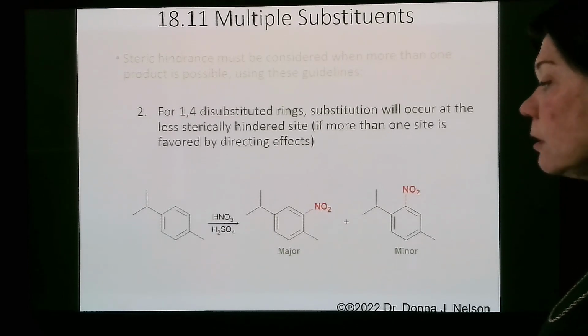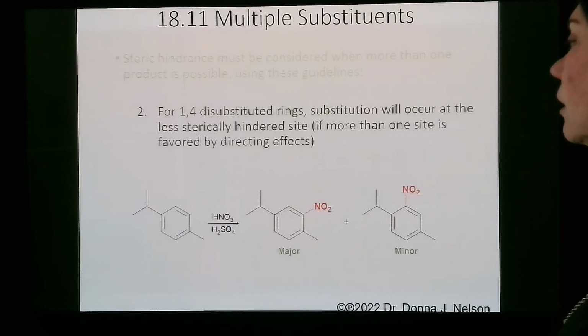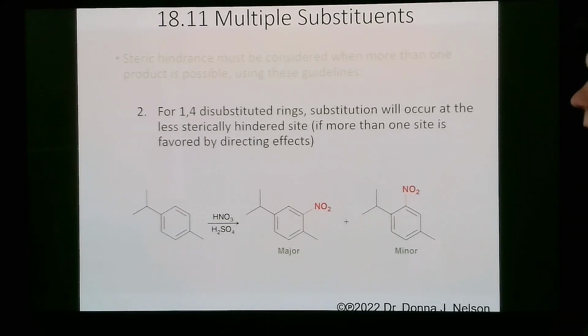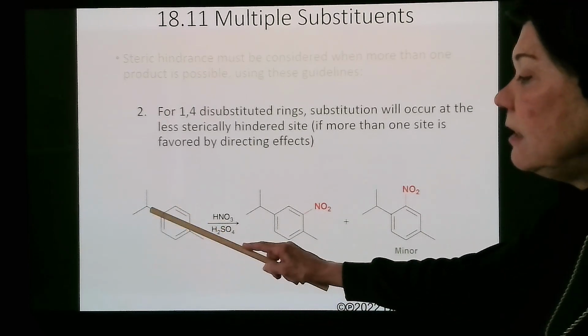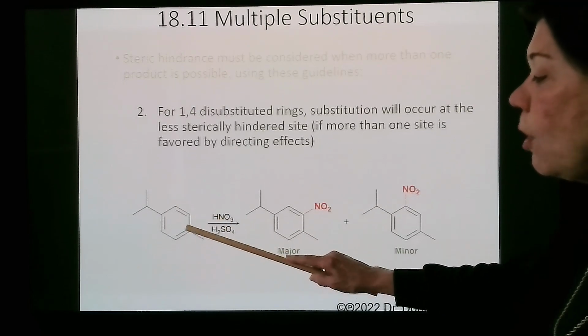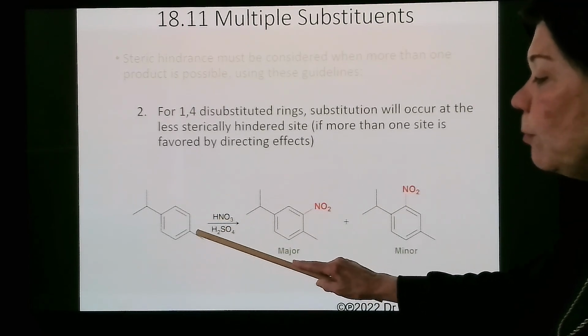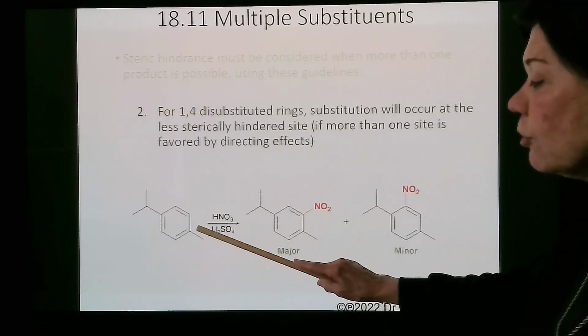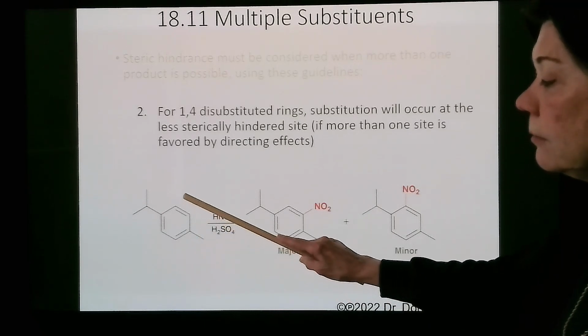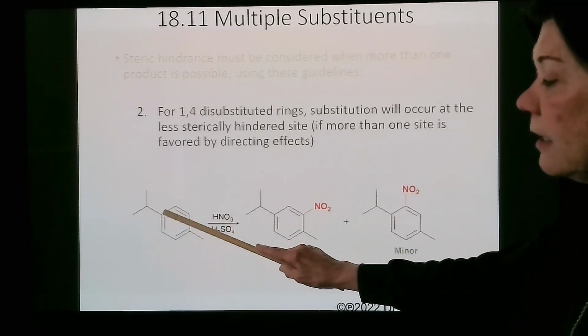For a 1,4-disubstituted ring, substitution will occur at the less sterically hindered site if more than one site is favored by directing effects. So here, this is favoring ortho-para. The para is blocked. And this methyl group is favoring ortho-para, but the para is blocked.